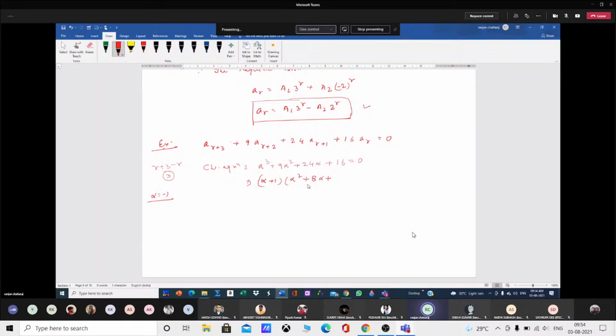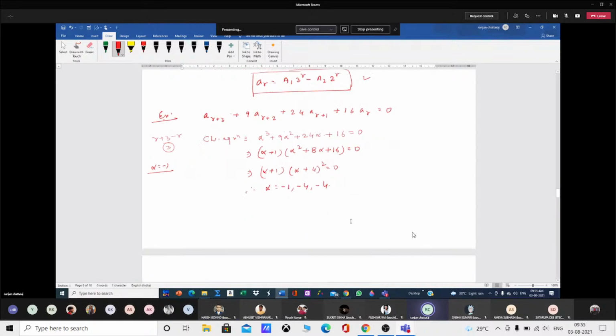How will you get it? 16 plus 8, 24. This equals 0. So you may write it as alpha plus 1 times alpha plus 4 whole square. So alpha is equal to minus 1, minus 4, minus 4. Okay, so these are the characteristic roots.